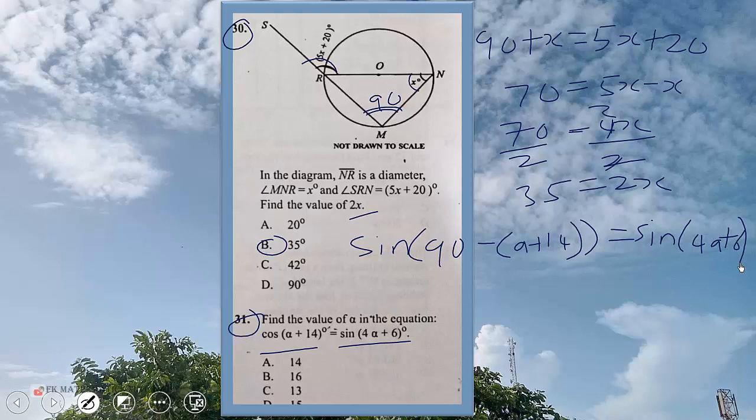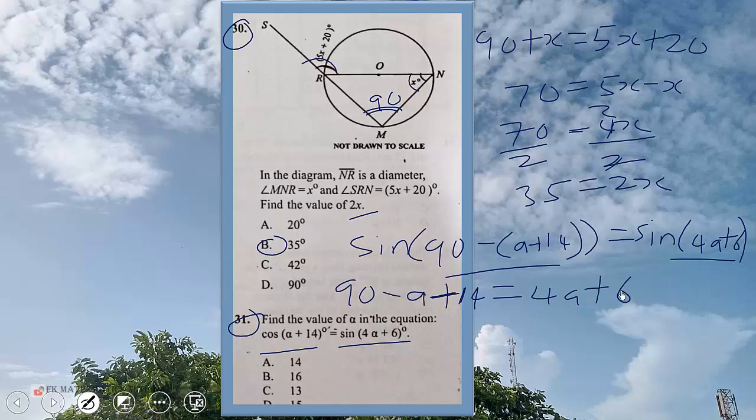So we can equate the arguments or the angles. So 90 minus (a plus 14) is equal to 4a plus 6.